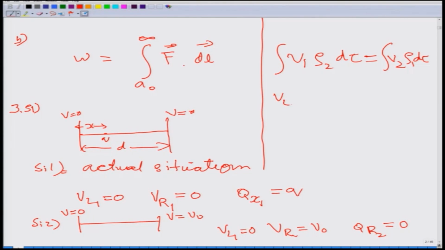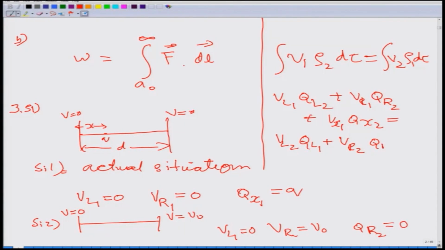In this case, it will be VL1 QL2 plus VR1 QR2 plus Vx1 Qx2 is equal to VL2 QL1 plus VR2 QR1 plus Vx2 Qx1.